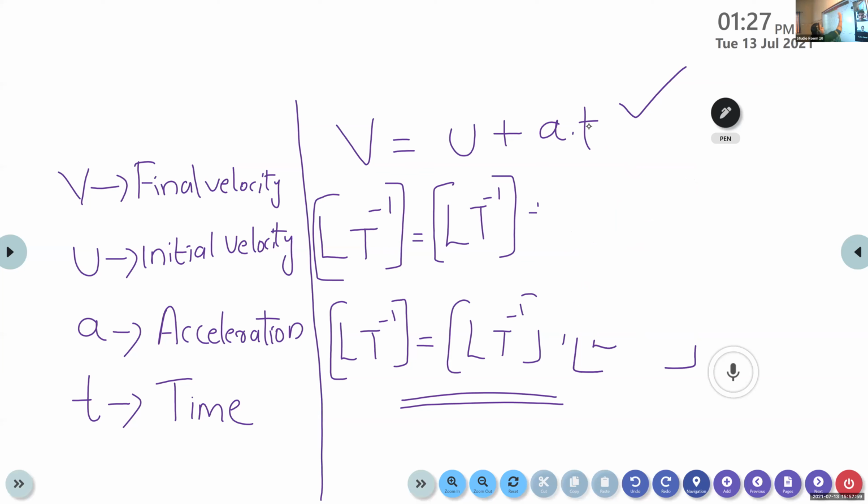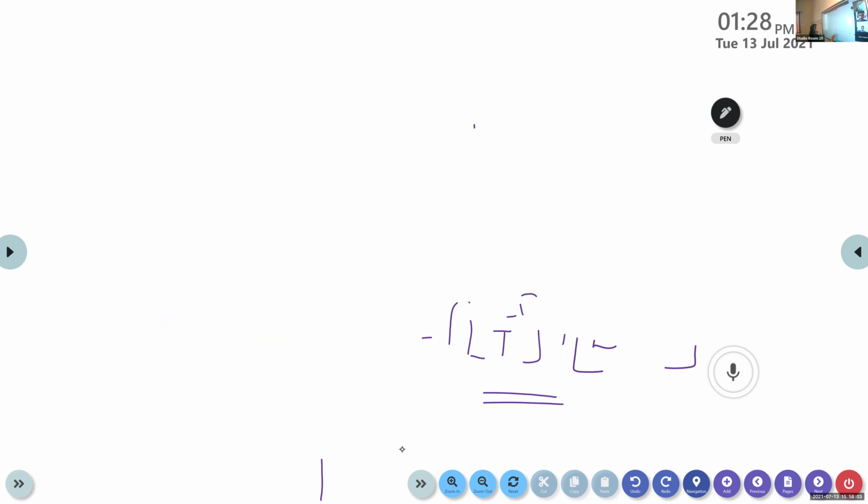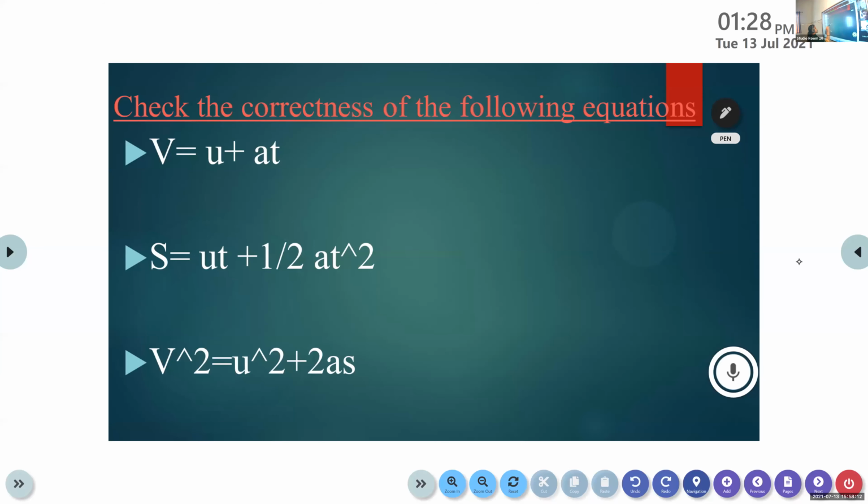Okay. Now I will give you another question. You can work out the second question. Here the first one is over. Now the second question. S is equal to UT plus half AT square.